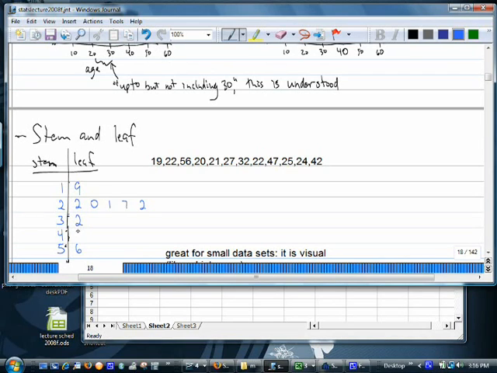Okay. Now, what's nice about this representation? I'll grant you it's simple, and you can always put your data in order if you want. You can easily read what?